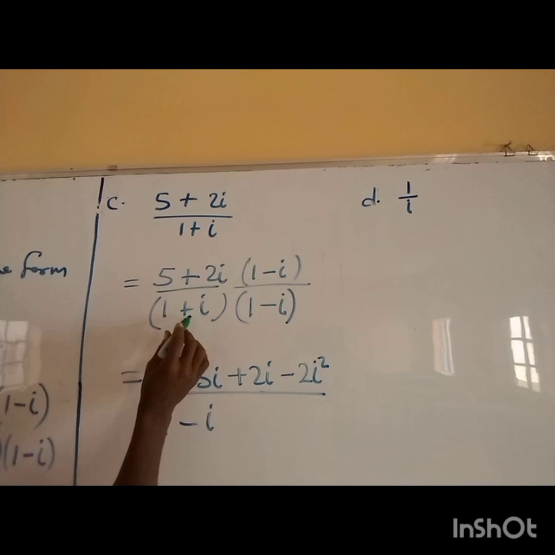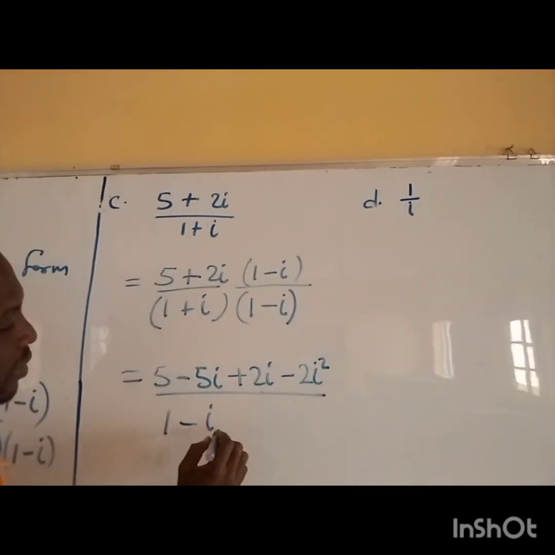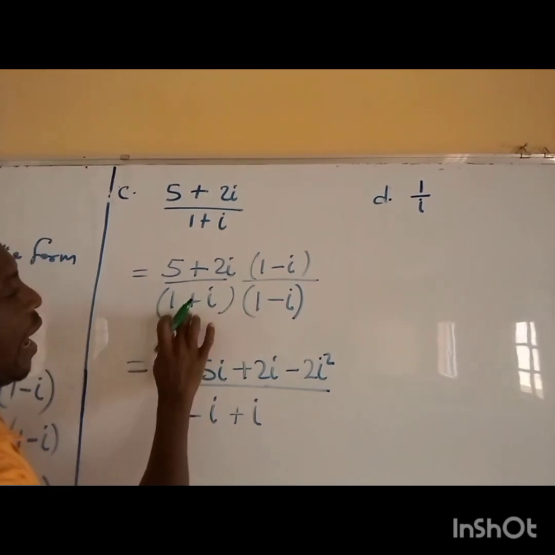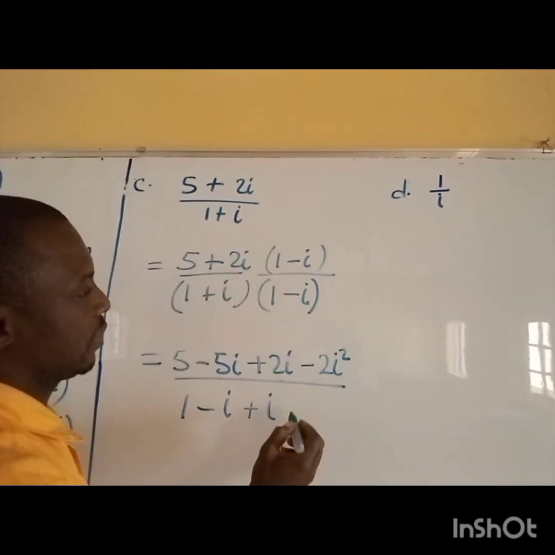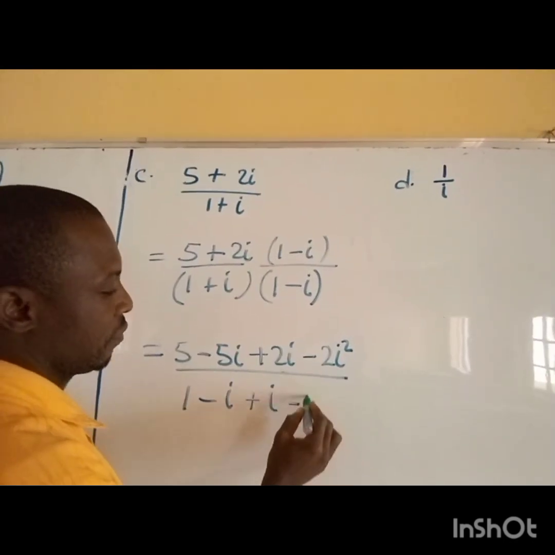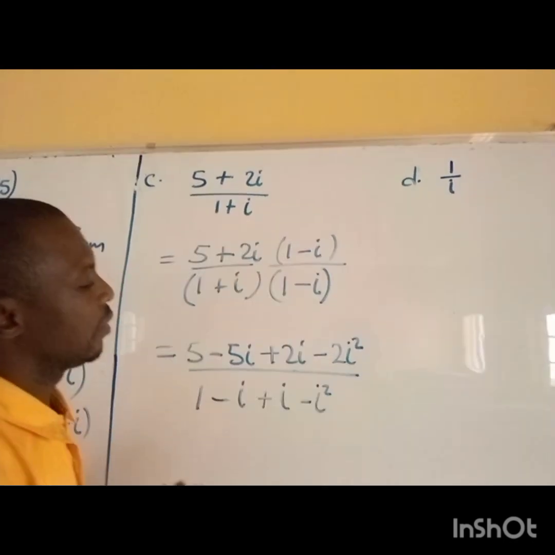Now, i times 1 is i, and i times minus i will have minus i squared.